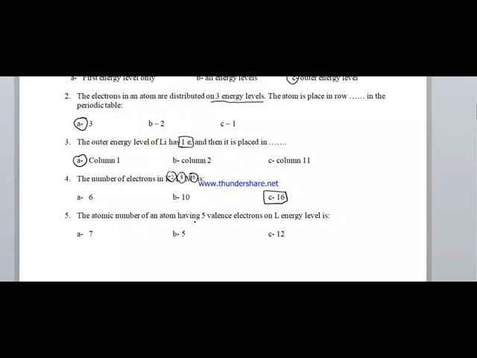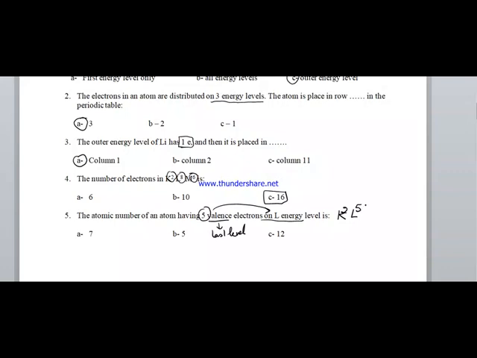The atomic number of an atom having 5 valence electrons: we have energy level L, and there are 5 electrons on L, so we have 2 energy levels, K and L, with 5 electrons on L. They are 5 valence electrons, meaning the last level L, so K will be saturated by 2 electrons.